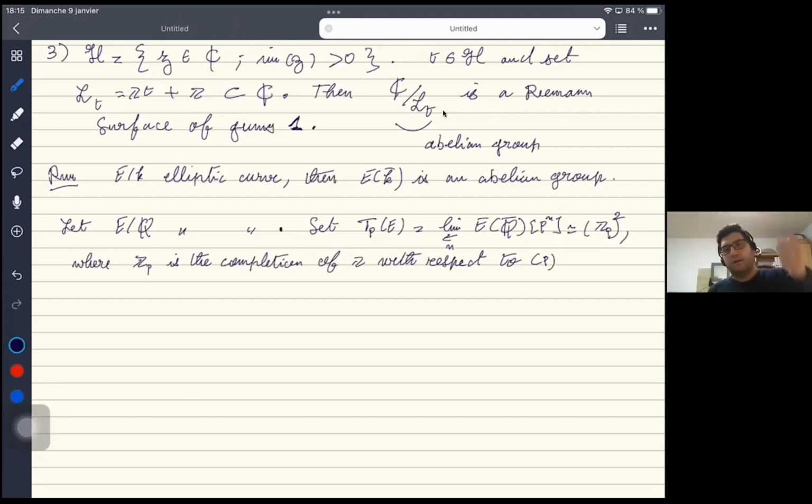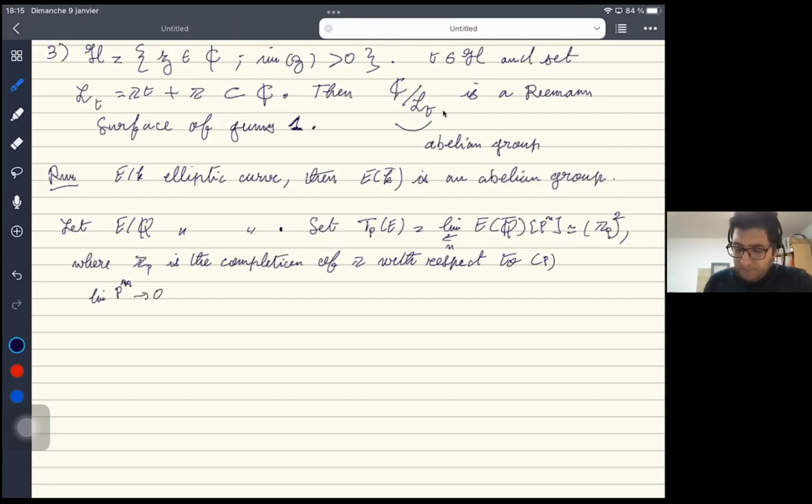You can think you take Z, you take the localization at P, you get a local ring, and then you take the completion with respect to P. I mean, in the p-adic topology, P power n goes to 0. In the p-adic topology, for us, the limit is 0.